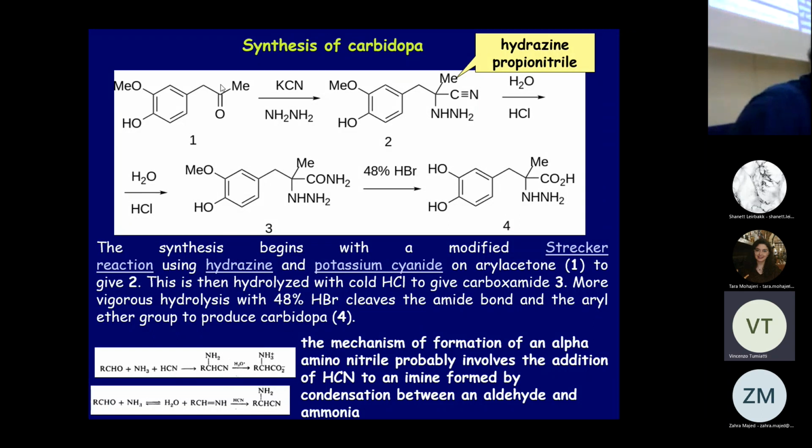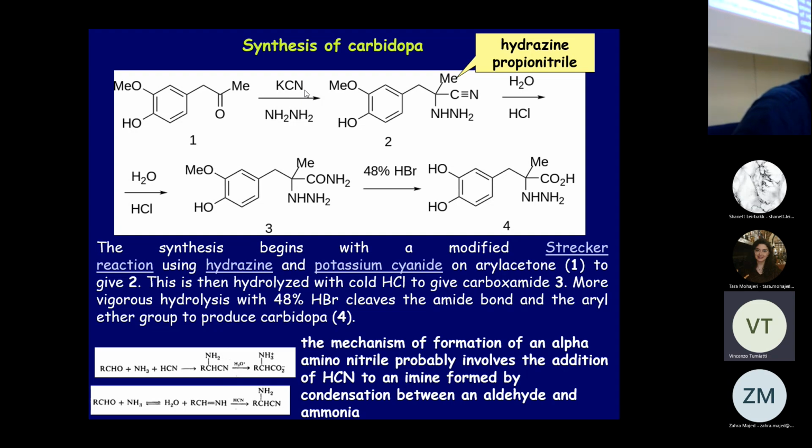The starting point is represented by a ketone, because if you remember, on the carbidopa, we need a methyl group on the carbon atom in 2. You see the first reaction.